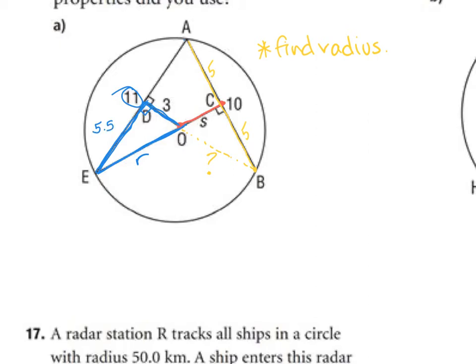So now I can find my radius. Using the Pythagorean theorem, it's my hypotenuse, so I need to go 5.5 squared plus 3 squared. So let me punch that in. So my radius is 6.3.